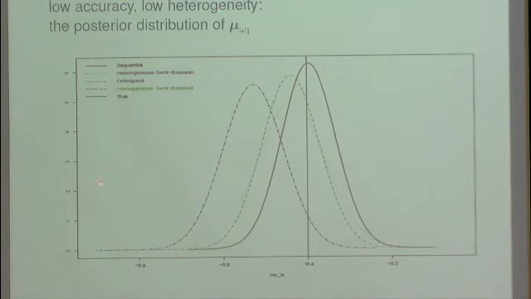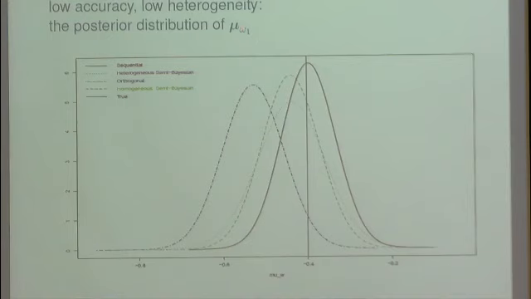What you see here are the posterior distributions of the first willingness to pay parameter. So I know what the willingness to pay parameter is. The mean is minus 0.4, that's where the line is. With all the approaches, at the end we estimate the mixed logit model with the hierarchical Bayes approach, and we get posterior distributions for all the parameters, also for the mean willingness to pay parameters.